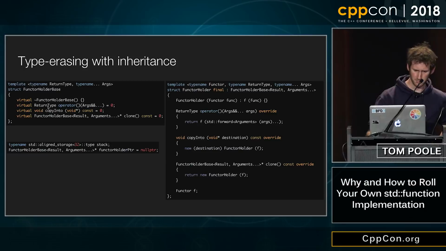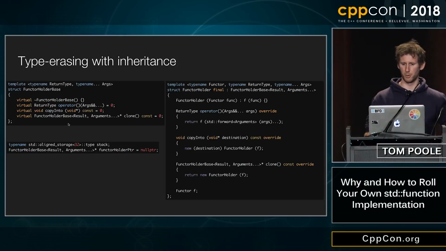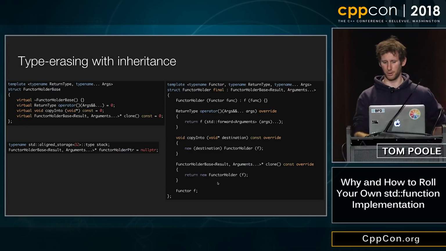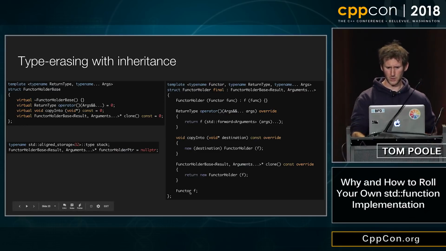We have an invocation operator, and we have a couple of methods for copying memory around. And we have a derived class that actually holds a concrete implementation of the thing that we're trying to wrap, this functor here. Dealing with it is very easy. We can just call it or copy constructor into certain places.